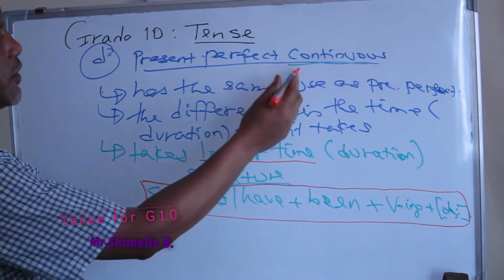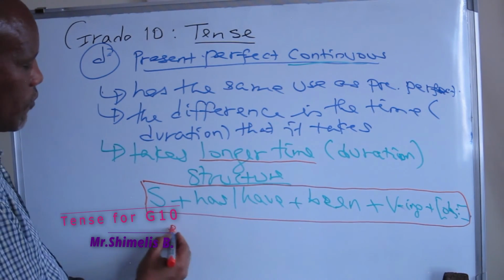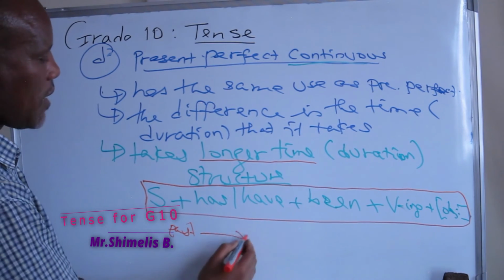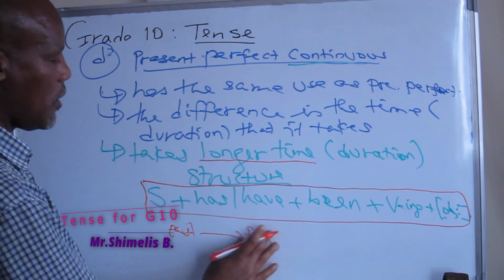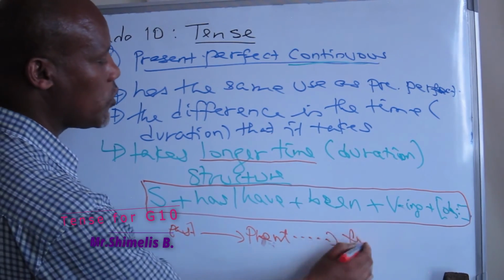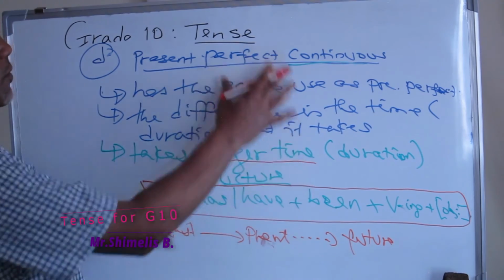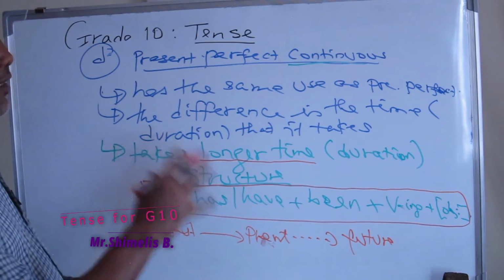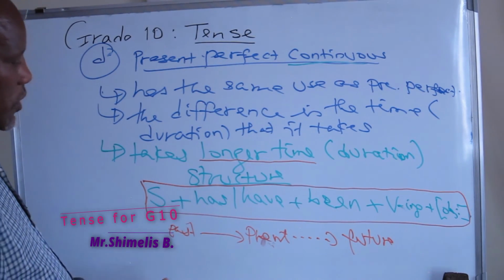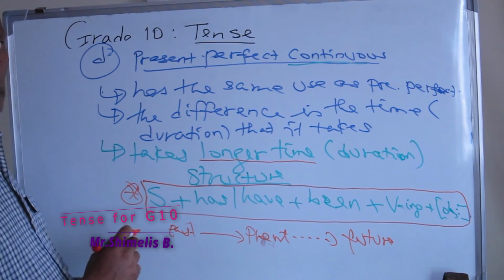In the case of present perfect continuous tense, an action might start from the past and come up to the present, and it might continue to the future. Otherwise, they have the same concept. And as you have seen, the structure is a little bit different from the present perfect.